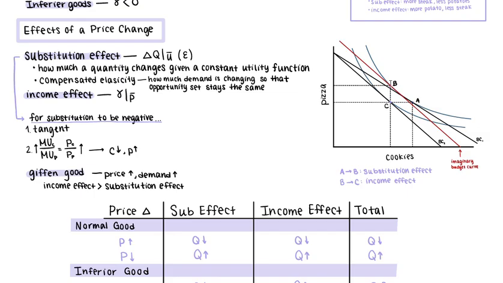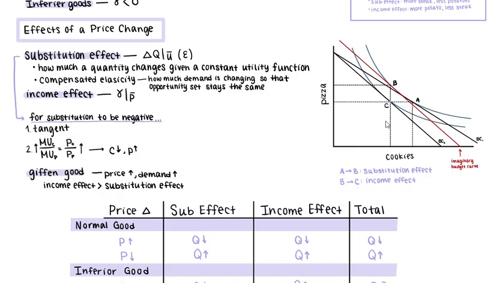We don't have the budget to buy that, so we actually can't buy at point C given a certain amount of budget. So B to C is the income effect.